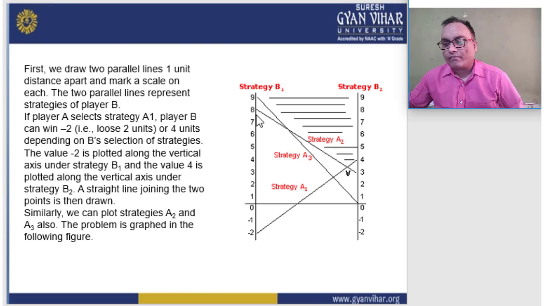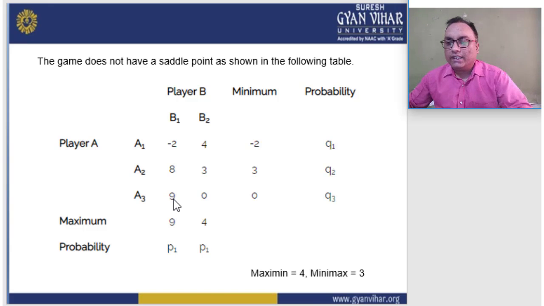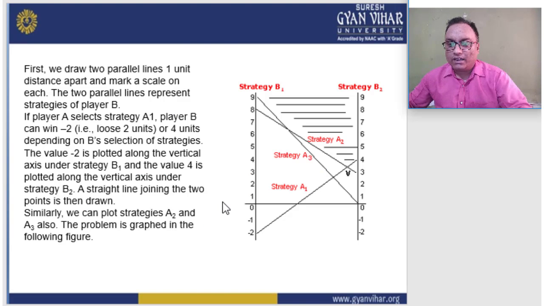For strategy A3, the values are 9, 0. So we draw a third line, and this is called the strategy A3 line.